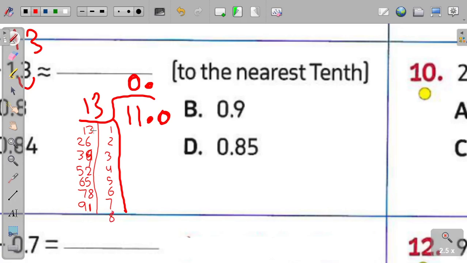And 8 times 13 equals 104. And 9 times 13 will be 117.